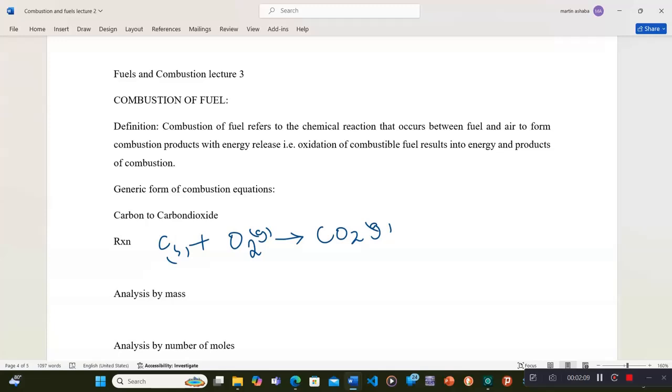So we know, first of all, that the standard atomic mass of carbon is 12 kilograms.